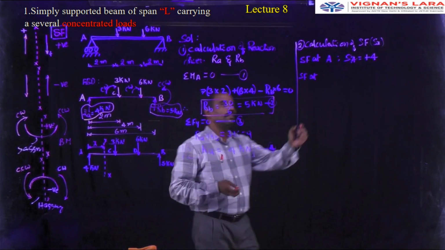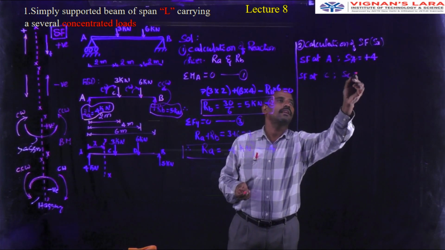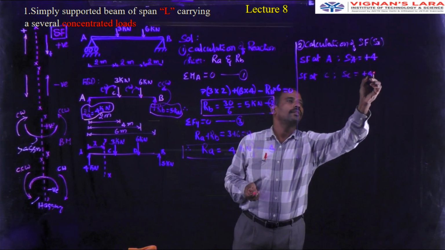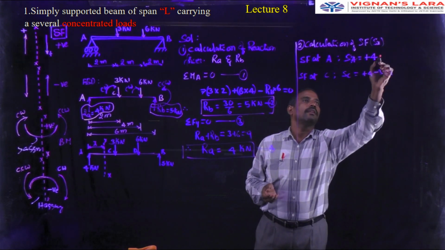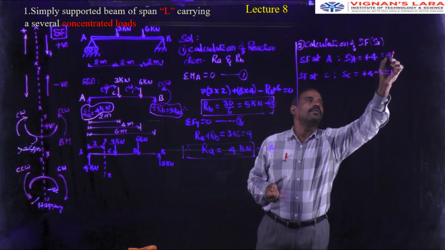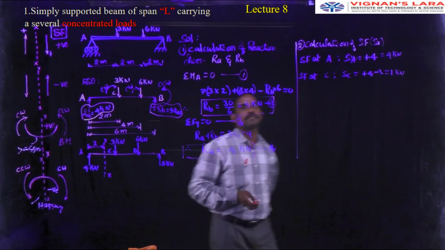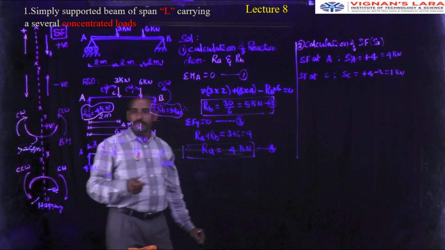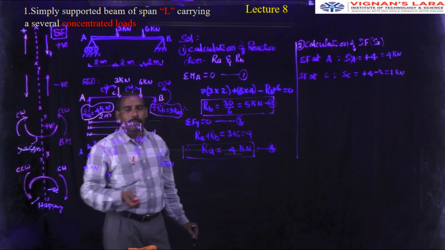Therefore SF at C is 4 minus 3, that is equal to 1 kilonewton.